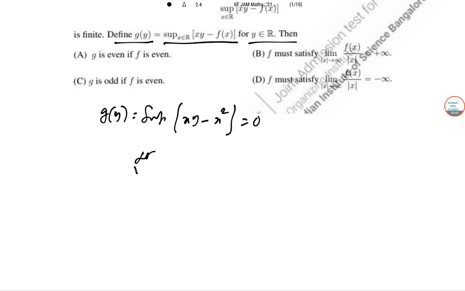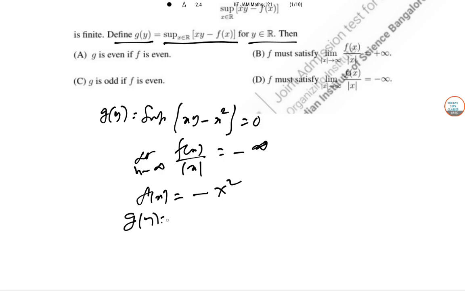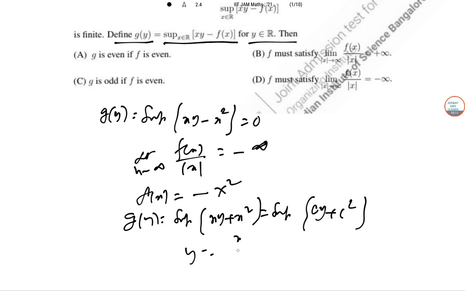And another option, limit x tends to infinity fx by mod x equal to minus infinity. Let fx equal to minus x square. Therefore supremum of xy plus x square, supremum of cy plus c square. So x equal to this, so y equal to x by c minus c. So this g of y is also infinity.